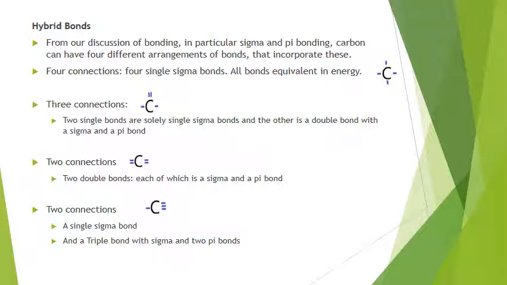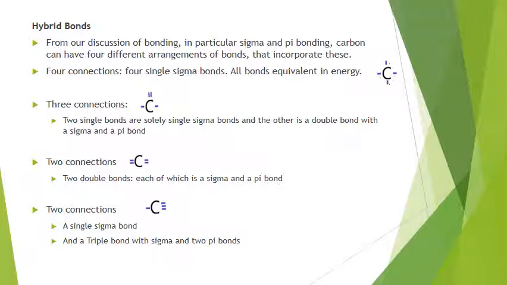So, for instance, carbon has four single bonds, and because they're single bonds, they are always sigma bonds. So if you have a carbon with four single bonds, it has four sigma bonds. That means all of them are going to form sigma bonds.